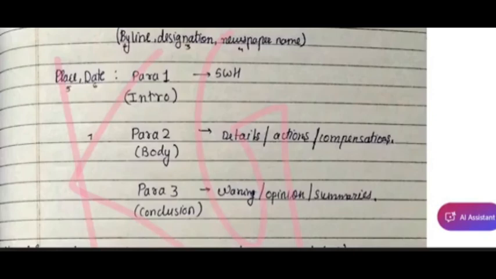The second paragraph includes details, actions, and compensations. For example, if there's a road accident, what are the compensations given by the government? What are the actions taken by them to improve the condition of roads? This is followed by the conclusion. The conclusion should include warning, opinion, and a summary of the whole event: how we can avoid these things.